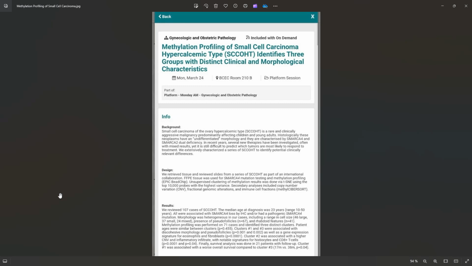Also this particular case is quite old. It was diagnosed in 2022, and I had a phone call recently from the clinician, and she told me, please revise the diagnosis because the patient is alive and well. So I revised the diagnosis, and it is correct, but it might mean that not every small cell carcinoma of hypercalcemic type will behave like we previously thought.